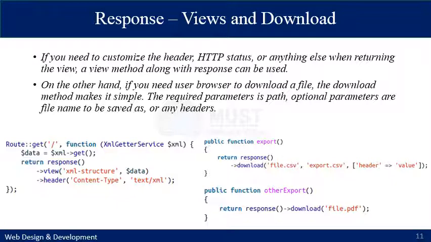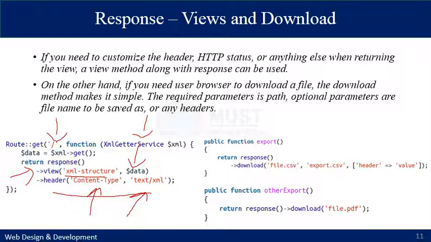So if you look at the first example, you get a root URL and you have the HTML getter service. And in the response, you create a view named as XML structure and pass it the data which you get from the XML getter service, and embed it with the header of content type, and the type of the content will be text/XML.